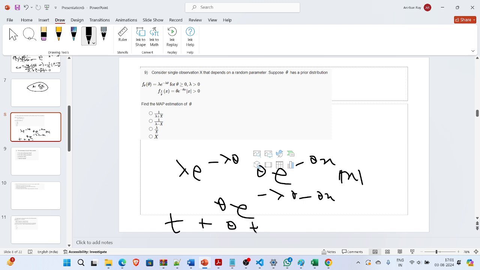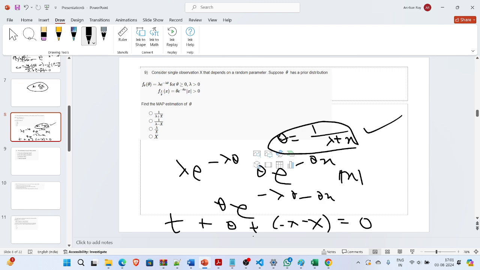So this is t only, and this differentiation will come as minus lambda minus x equals 0. So you cut down t, and then what you get is theta equals 1 by lambda plus x. Okay, so any doubt? We got the answer, the theta value from MAP.